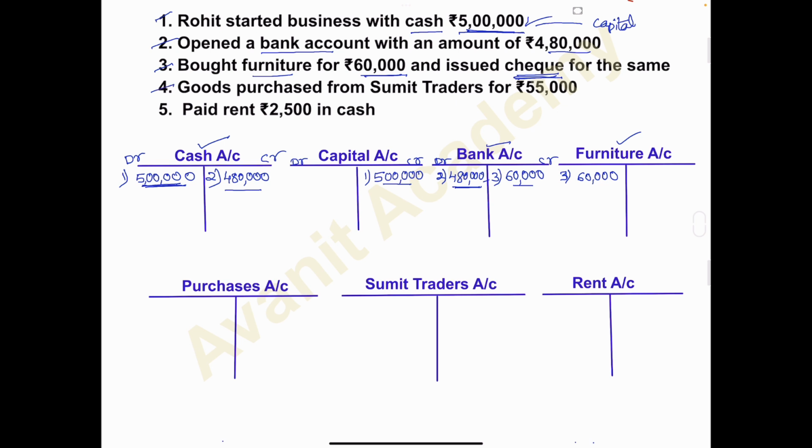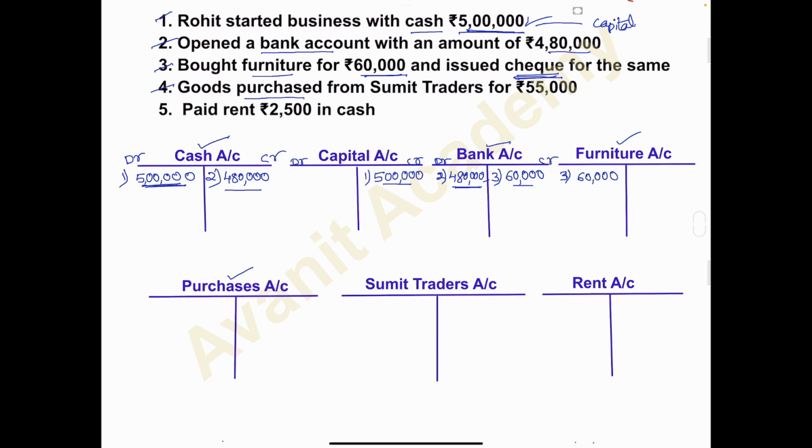Fourth one, goods purchased from Sumit Traders. For goods purchased, we have to prepare purchases account, not goods account. For purchasing or selling goods, we have to prepare purchases account or sales account. For furniture, for any fixed assets, we have to take the particular name of that asset.